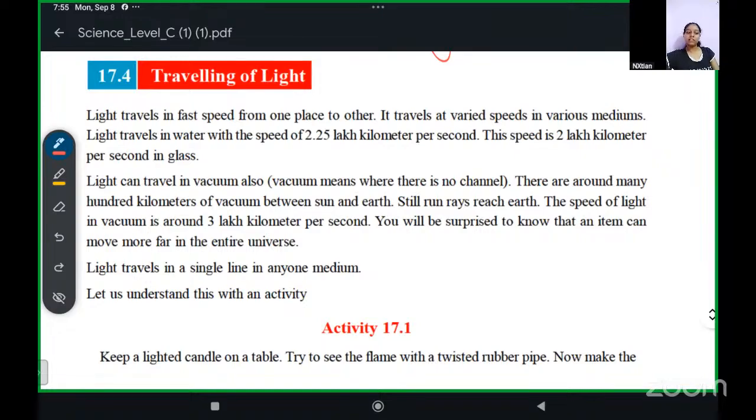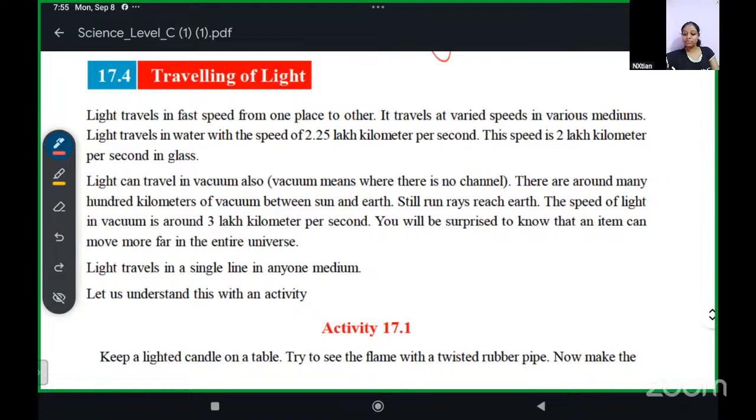There is a difference in the speed of light when it passes through solid, liquid, or gas. When light travels through these mediums, it travels at a different speed.